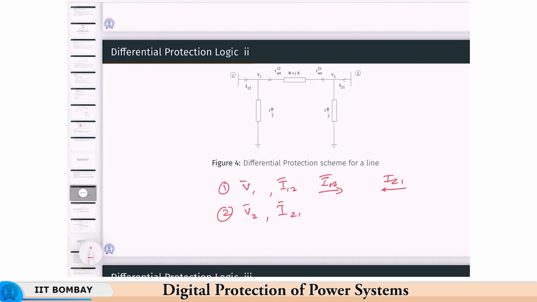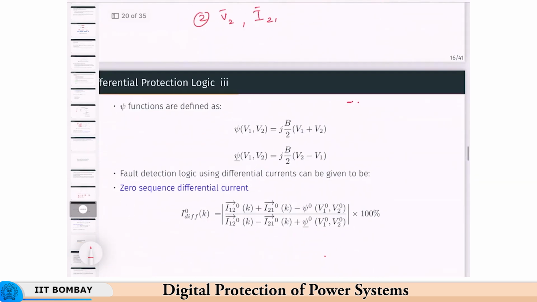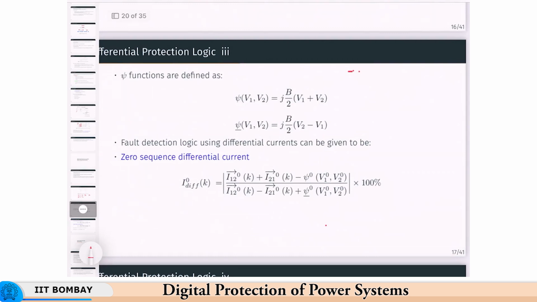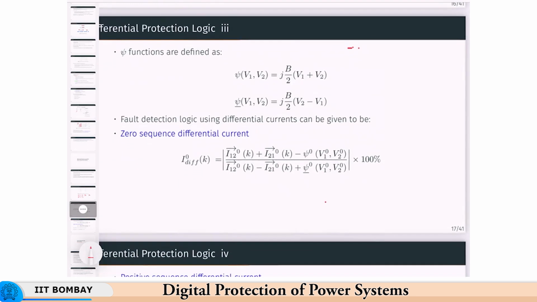So, it will be minus of I12. The directions are reversed. So, the numerator will be close to 0. Okay. Also, we are accounting for the shunt component here, but in the denominator it will be a high value, because you are adding the two. Since this is minus I12, it changes the sign.